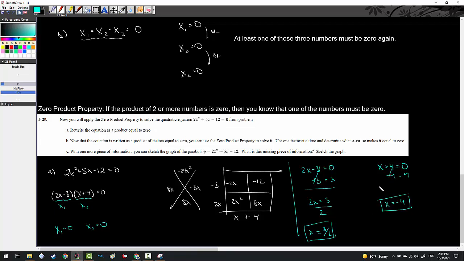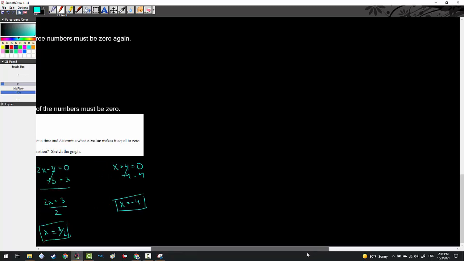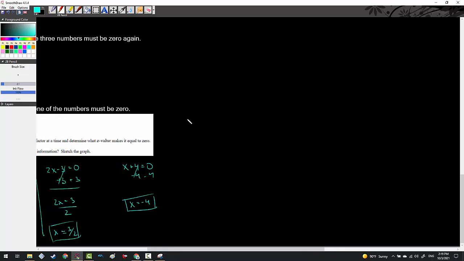So what did we just find in the context of this problem here? Well, I'm going to go all the way to the right side here. Because I set the problem equal to 0, I let y equal 0 and got 2 values of x. What I have found is that this graph has 2 x-intercepts, one at 3 halves, 0, and the other one at negative 4, 0, right?